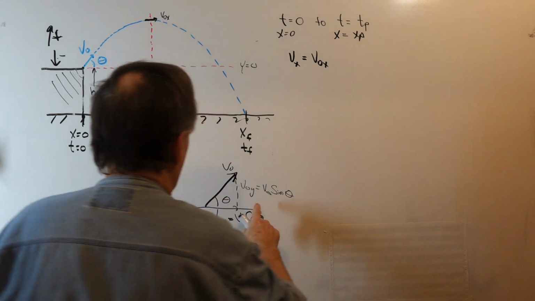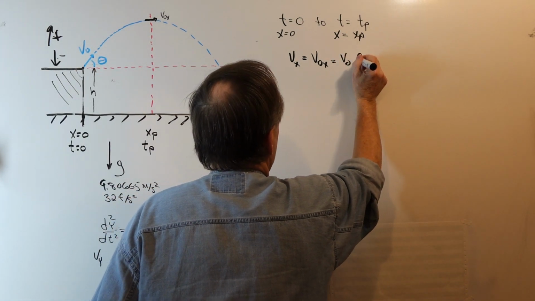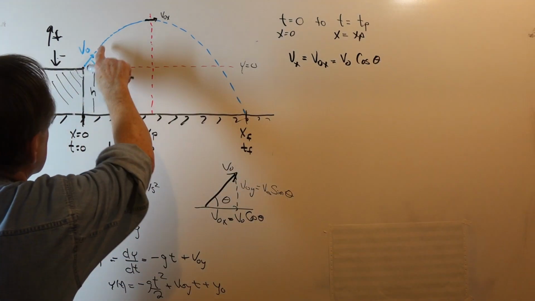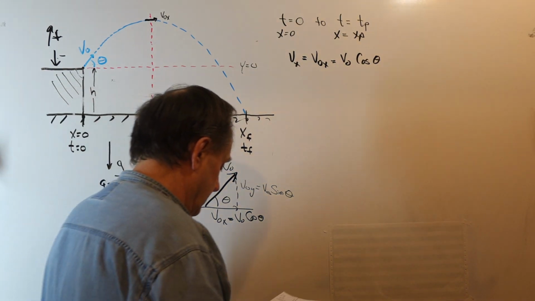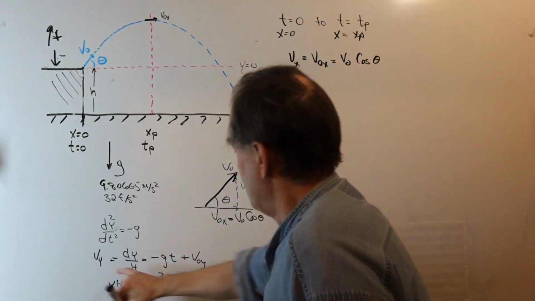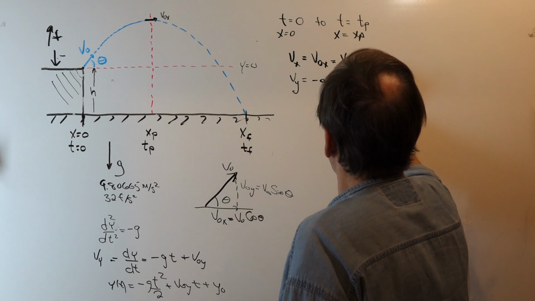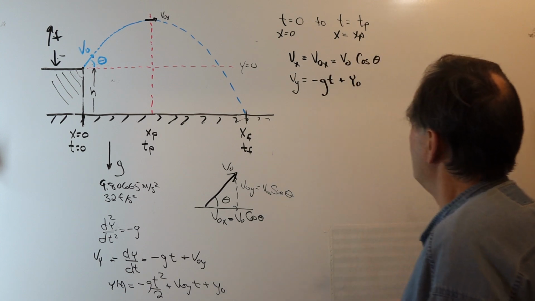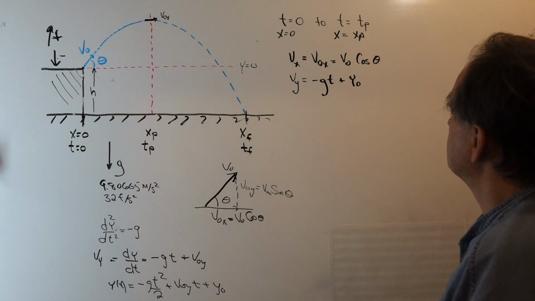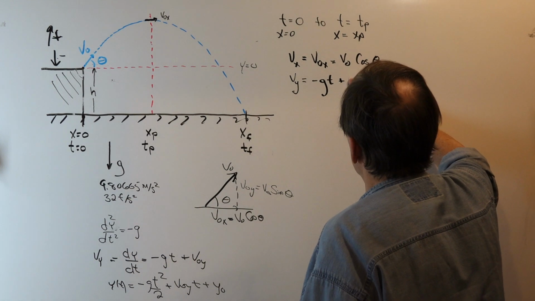That is the component acting in the x direction, and this is v0 times the cosine of theta, the initial velocity times the cosine of theta. The velocity in the y direction is minus gt plus the initial velocity in the y direction.